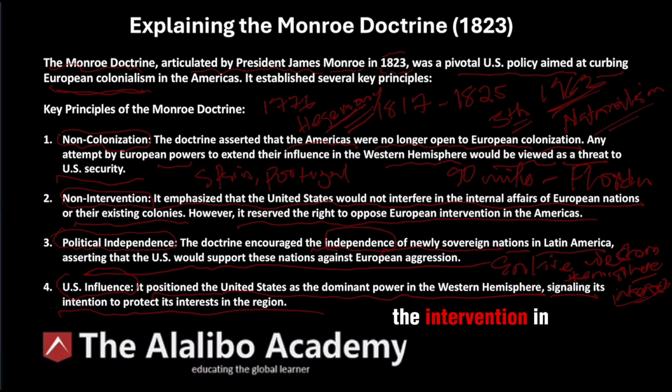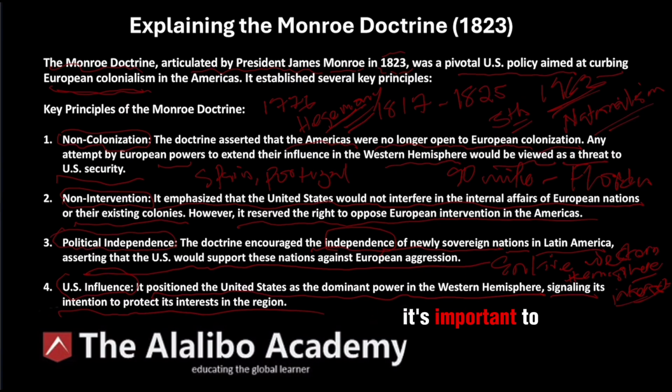So we saw the intervention in Chile, with the involvement of the United States in the overthrow of the government of Salvador Allende of Chile, who was democratically elected but had leftist tendencies. And again, see the Monroe Doctrine playing out in this context. So there have been controversies because this doctrine has been used to justify intervention.